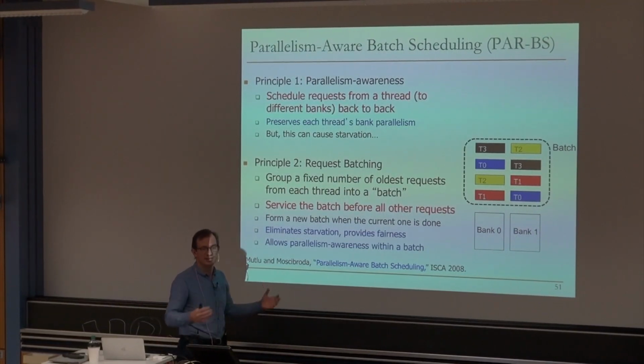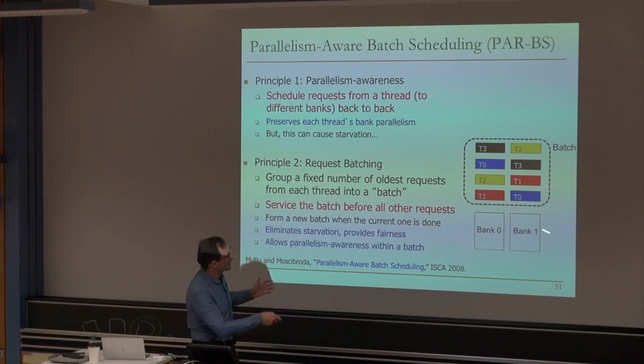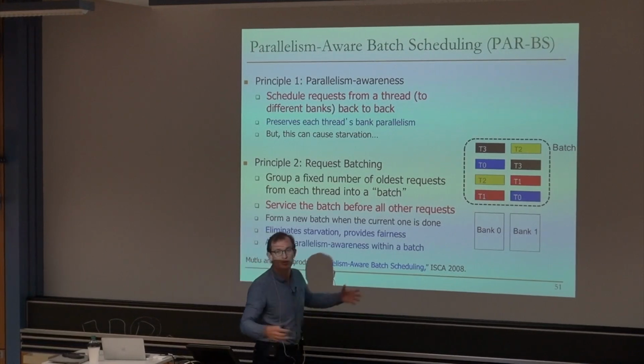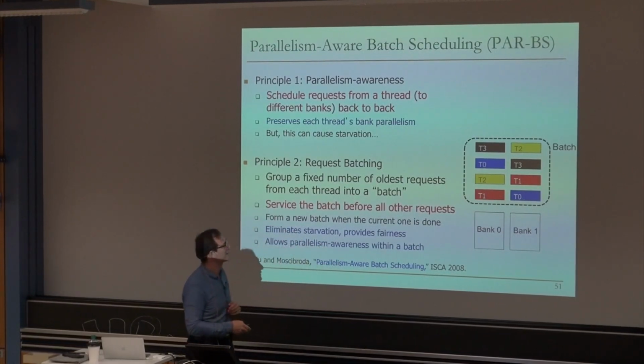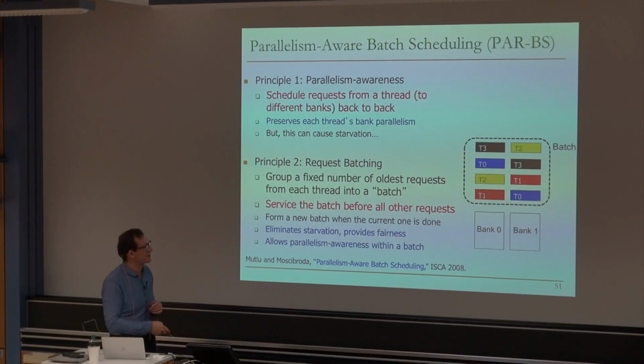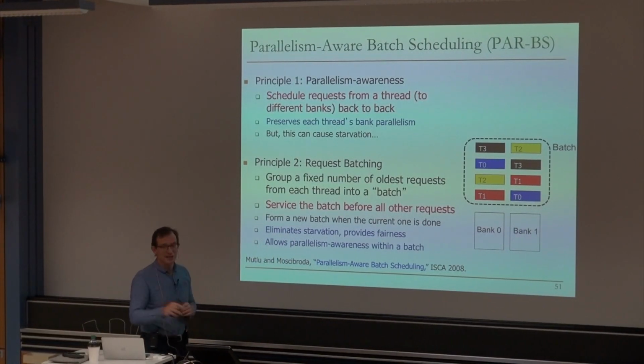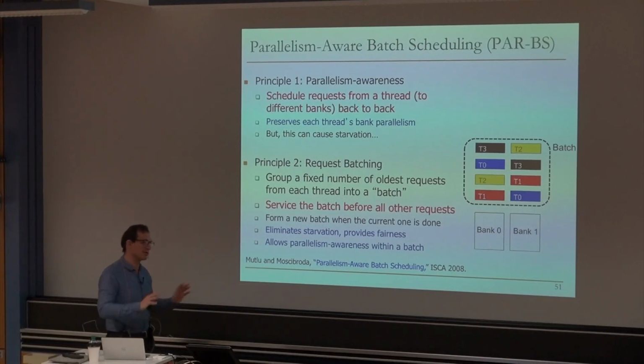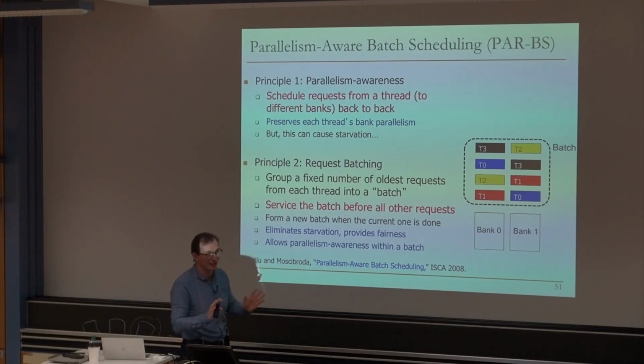The batch happens naturally. While you're serving some requests, there are some requests that are waiting, and you form the batch based on the requests that are waiting in the memory controller. We will see that in a little bit, actually. So you don't actually delay any request to form the batch. That is not good in general, although there could be cases where you may want to delay requests also, but that's a bit dangerous.